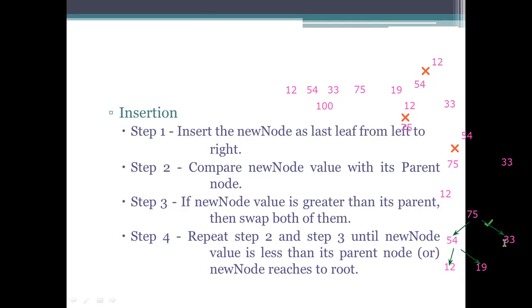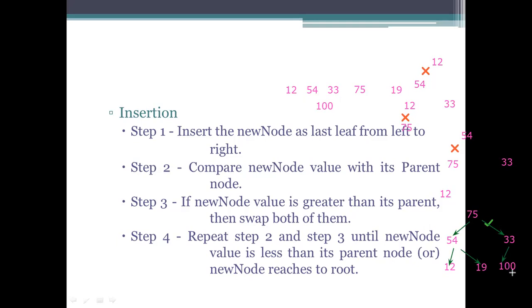First, I have to insert the leaf nodes from left to right. This leaf node has completed its insertion. And coming to the next one, we need to take this leaf node's value, that is 100. This is the new value.